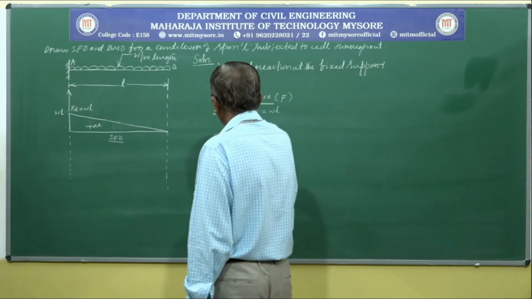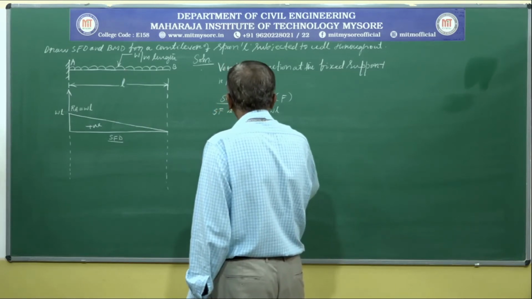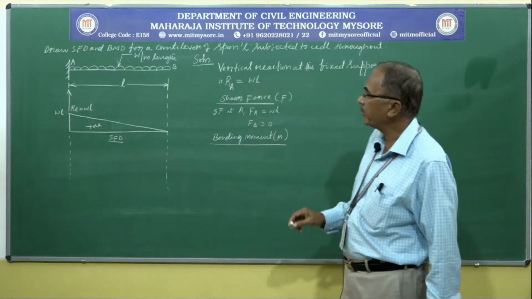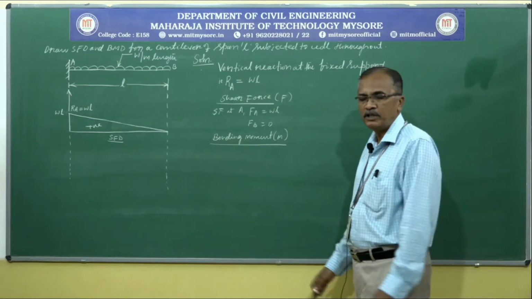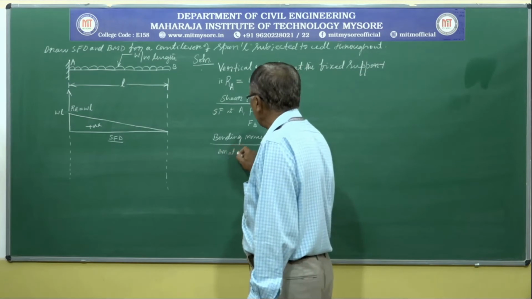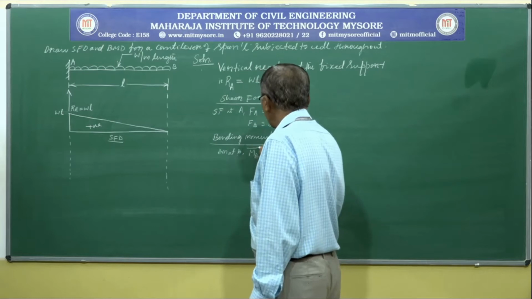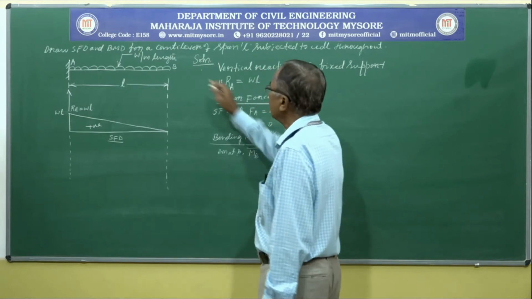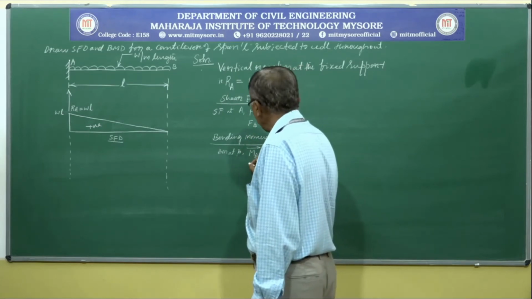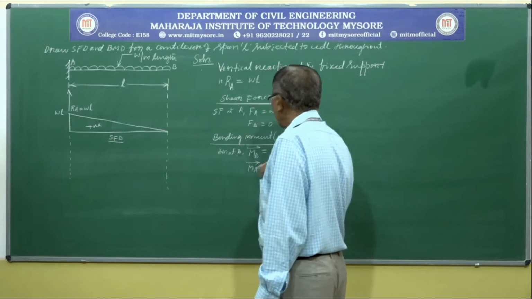Let us calculate the bending moment. To calculate the bending moment, let us proceed from the free end. Bending moment at B, MB, by considering forces to the right hand side: here there are no forces, so no bending moment, 0. Next, the bending moment at A, MA, again by considering forces towards the free end.